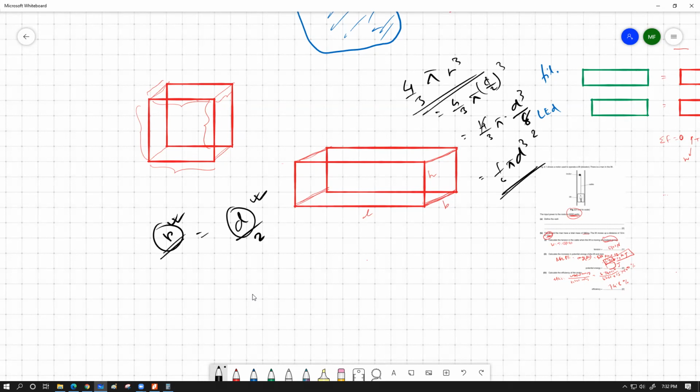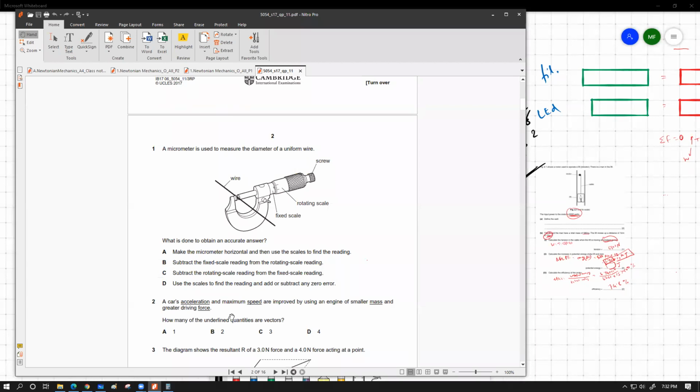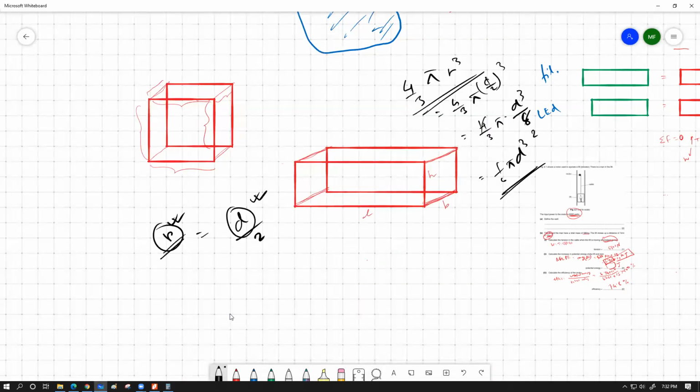So this is applicable for regularly shaped objects, where you can measure multiple linear dimensions and eventually convert that into volume. As for non-uniform objects, the only way we can measure it is by using a measuring cylinder.